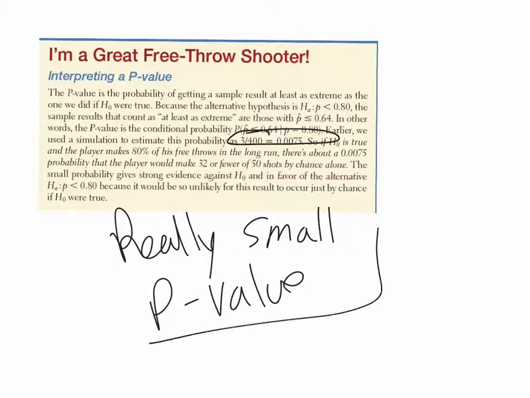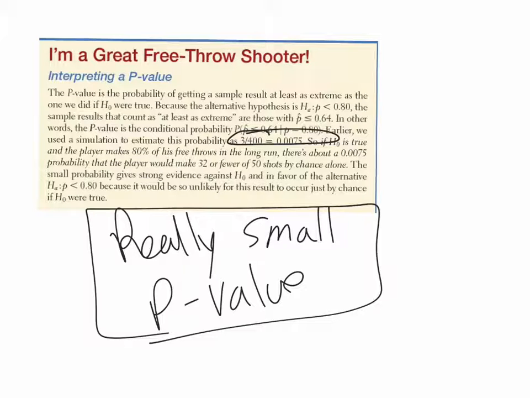This p-value allows us to give some measurement on whether a claim is true based on some evidence that we collected. He makes a claim, 80%. He shoots some baskets and gets 64% of them in. That makes us wonder, are you shooting less than what we think? Is your shooting percentage actually less than what you're claiming?